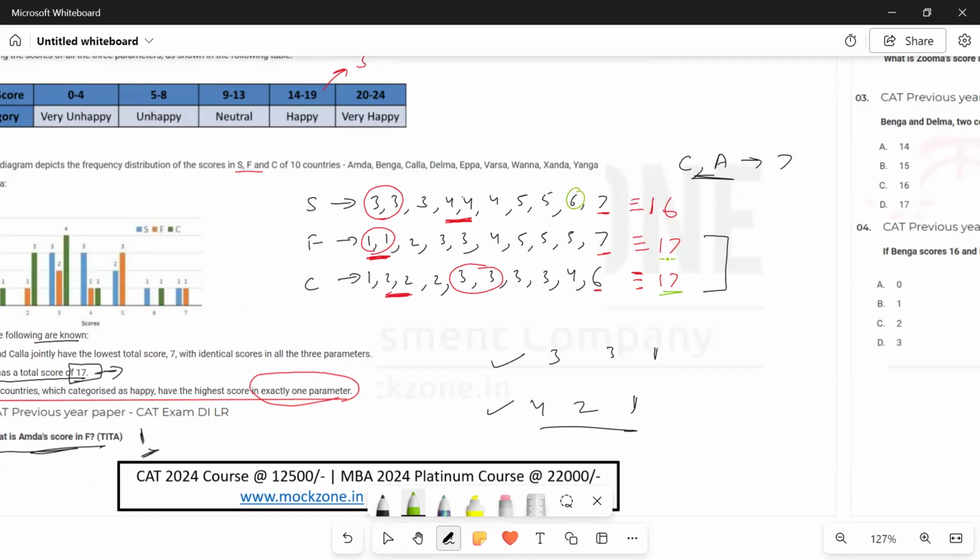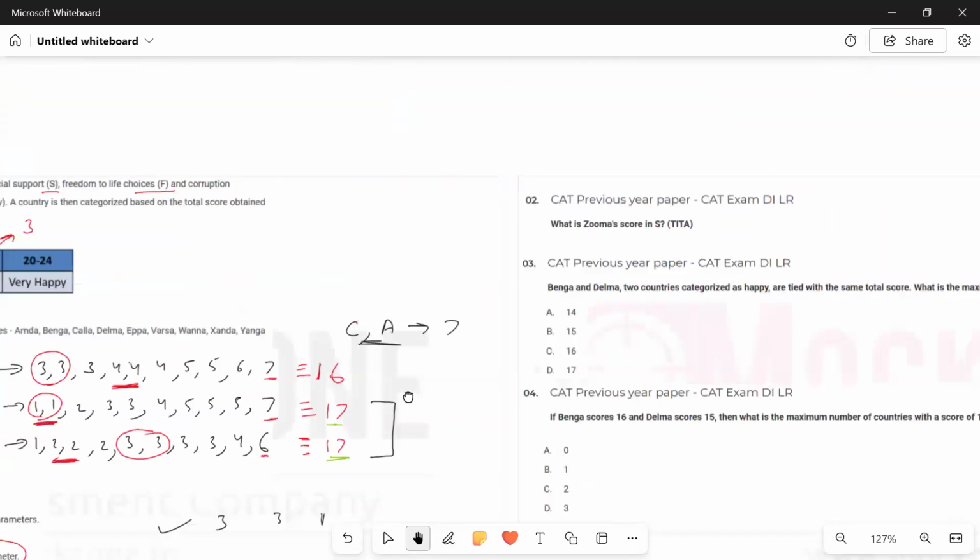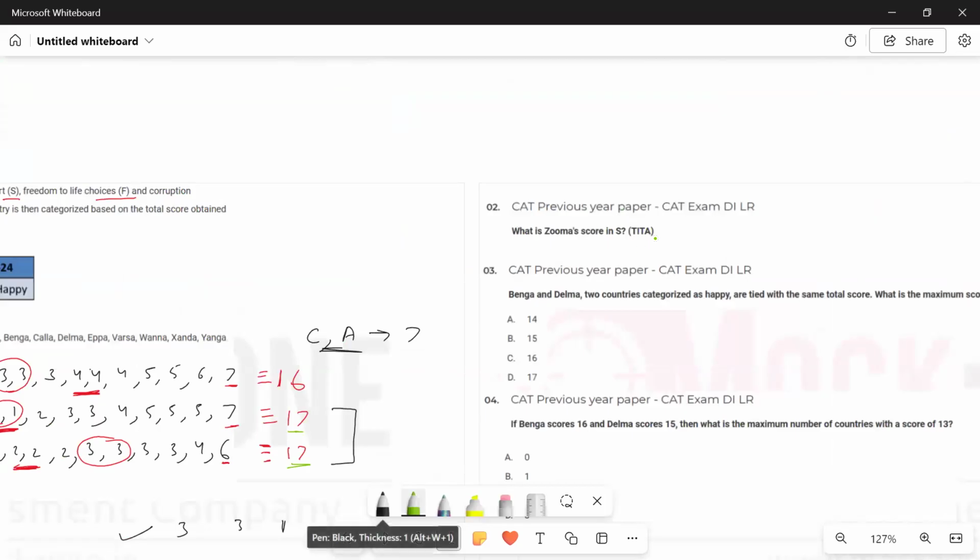If she maximizes in F, her score in S will be 6 again: 6 plus 7 plus 4. So in both the cases, her score in S would be 6. Again, like the similar question, be it any case, her score in S would be 6. Done with the second question also.